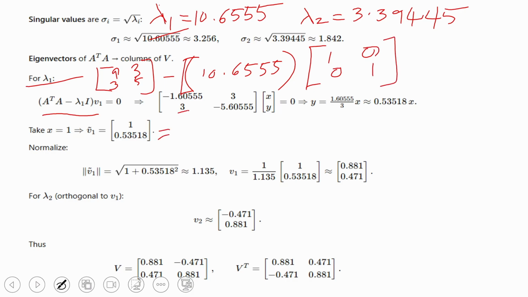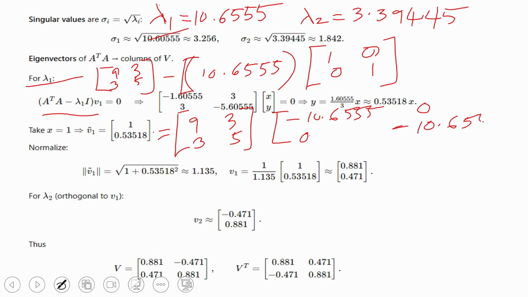So this is equal to 9 minus 10.6055, that is minus 1.60555.